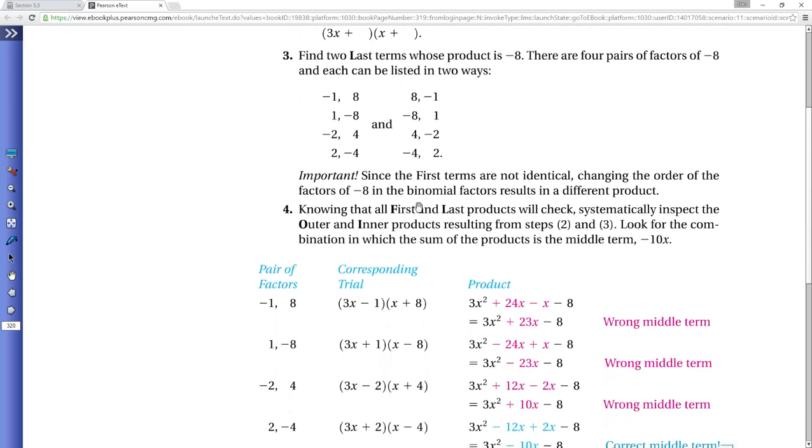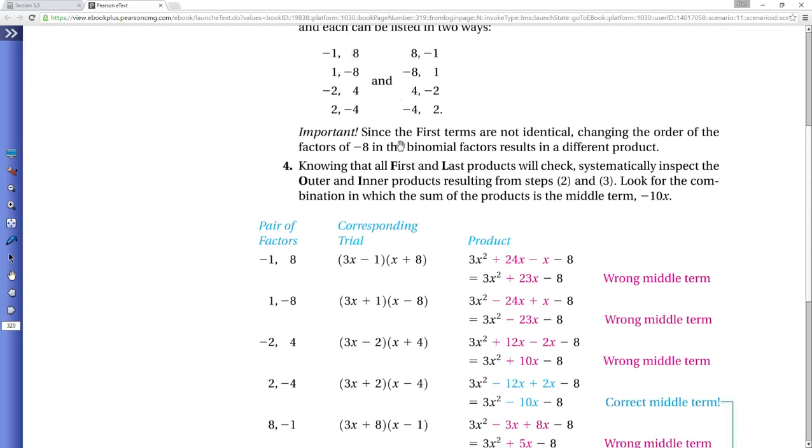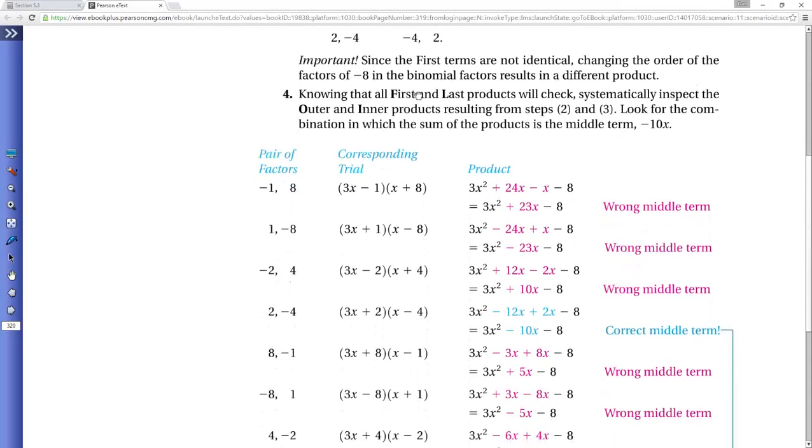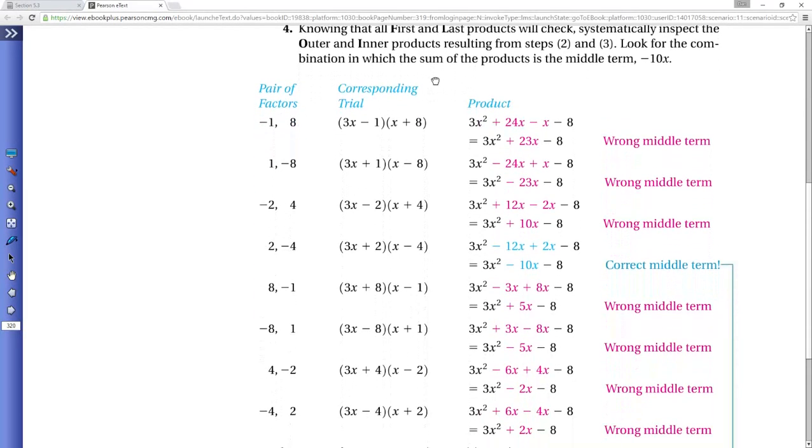So they go through this, and now I have basically all the combinations that I can deal with, which is quite a few. And that's what they show us in this next portion: if I use the factors -1, 8, just like I said before, I'd get 3x minus 1, or plus a -1, times quantity 8 plus x. If I multiply that out, I end up with 23x.